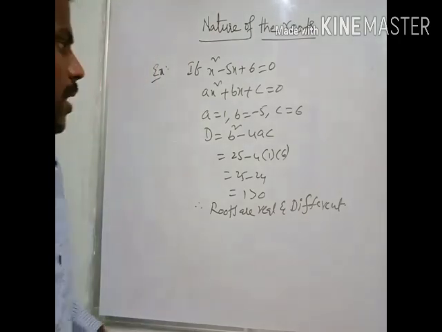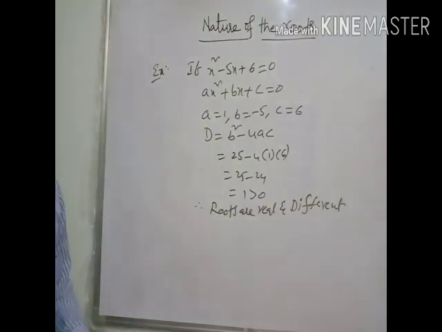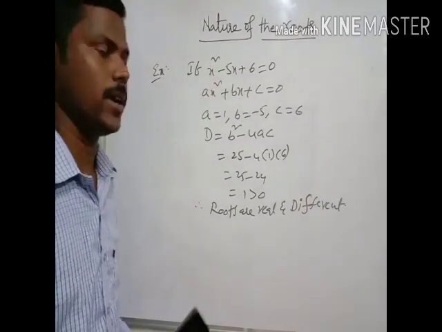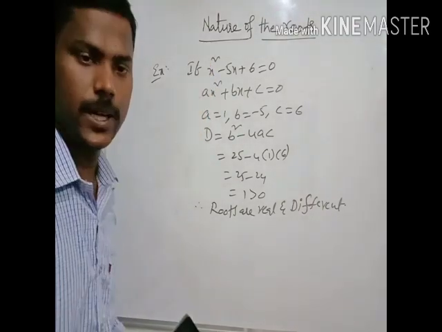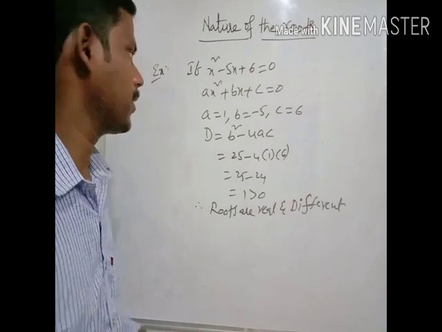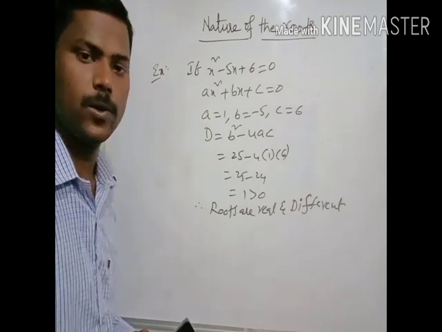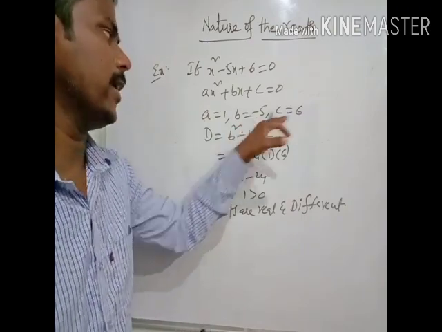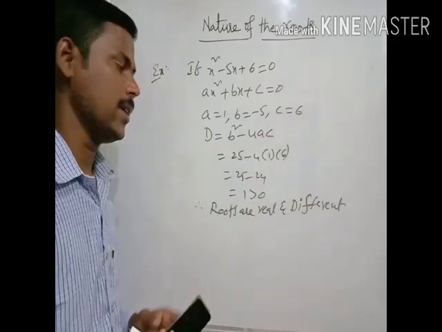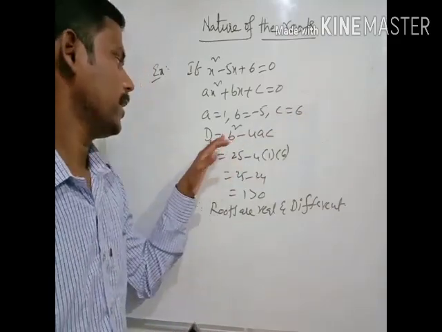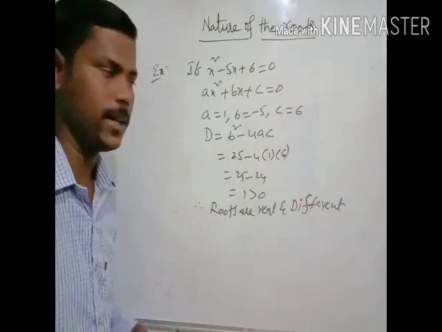Understood? How to find nature of the roots for a given quadratic equation. So consider the quadratic equation, compare with the general form of the quadratic equation and write the coefficients: a value, b value, c value. Write the discriminant D equal to b square minus 4ac.